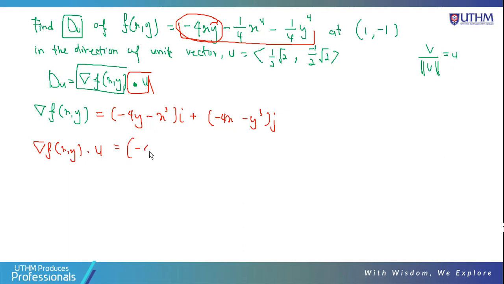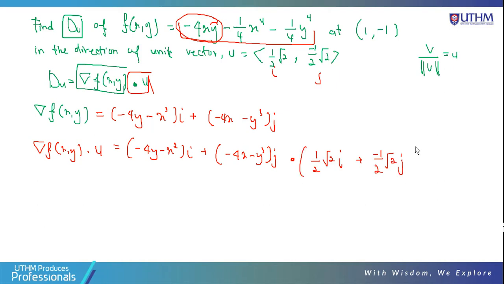So negative 4y minus x squared i plus negative 4x minus y cubed j, you have to dot with the unit vector, which is here, this one i, this one j, so 1 over root 2 i, okay, plus negative 1 over root 2 j. Okay, so there are two of these. Okay, for the dot, i dot i, j dot j. Okay, i with i, j with j. But there is no i, j, k, it has disappeared. Okay, so you just dot it.